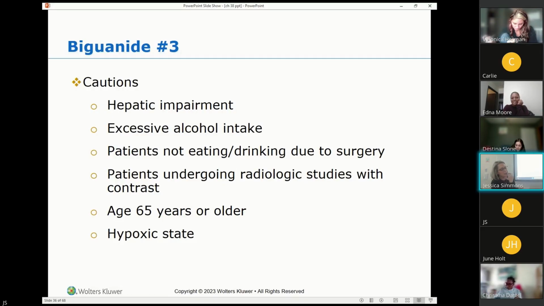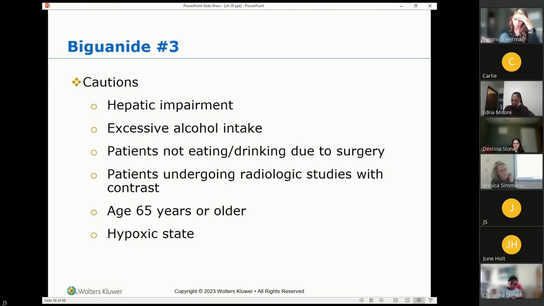Okay, so on page, it starts on 661 and goes to 662. Caution should be used in administering metformin to people with hepatic impairment who have excessive alcohol intake, who are not eating, blah, blah, blah, who are undergoing radiologic studies with contrast, who are age 65 or older, and who are in hypoxic states due to increased risk of lactic acidosis.